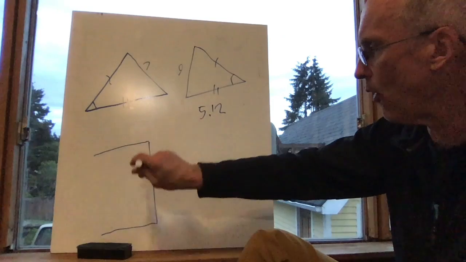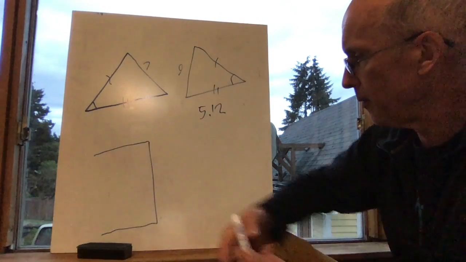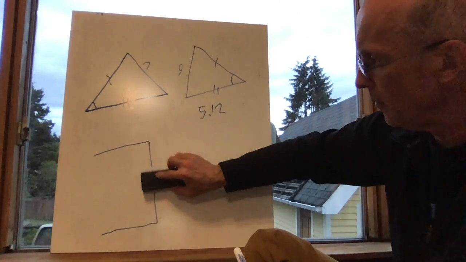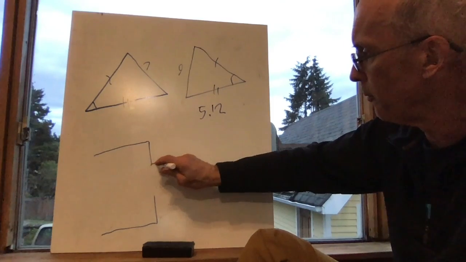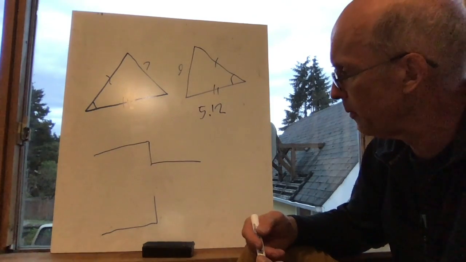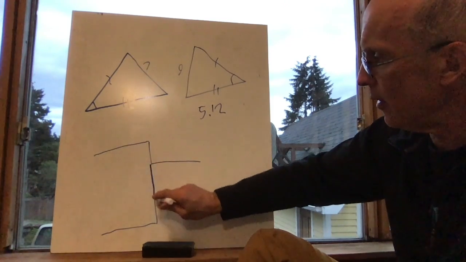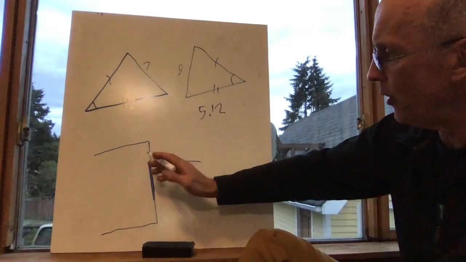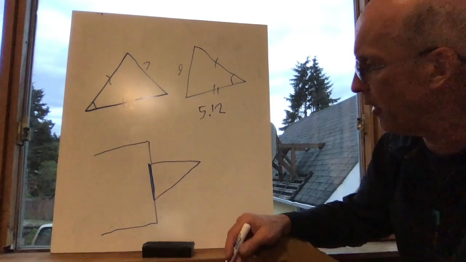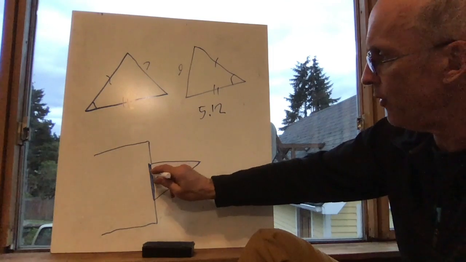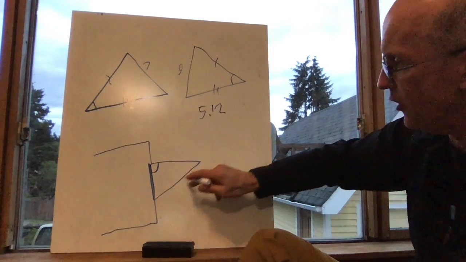So we're looking down on this wall, and there's a door. Okay? So when the door swings out, it's making this side bigger. As that angle gets greater, then that side stretches out.